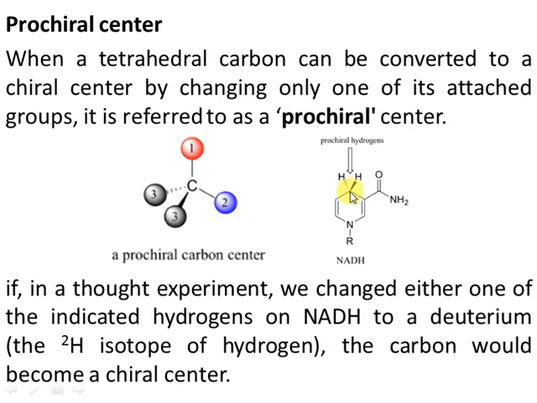So it will become a chiral center, but at present this carbon is not a chiral center, but it can form a chiral center. So this carbon is called a prochiral center, and the hydrogens which are attached to a prochiral center are called prochiral hydrogens, right?